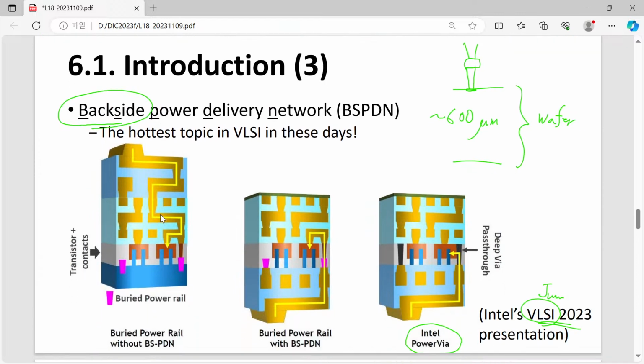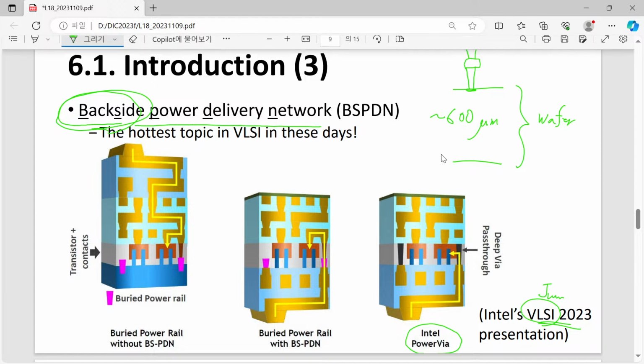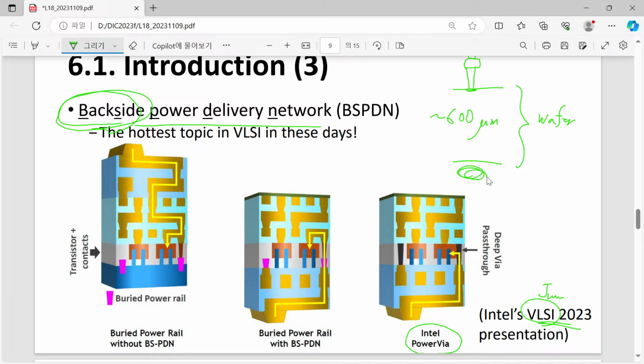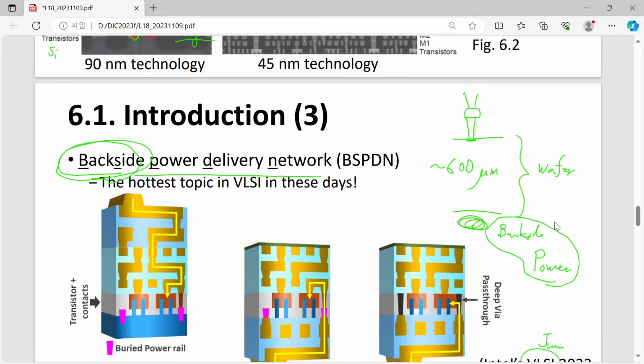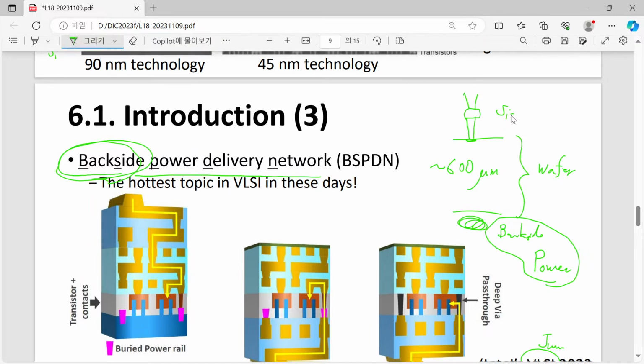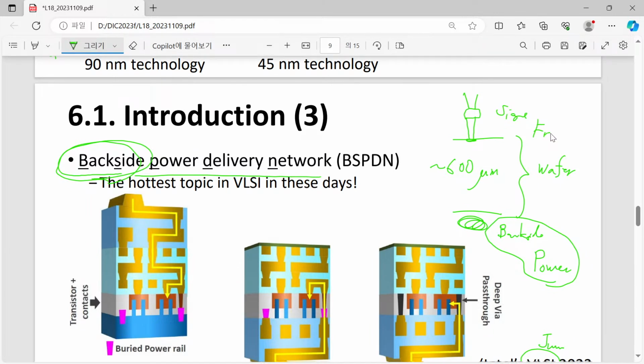So the point of this backside power delivery network is that, okay, we are now just wasting this backside. Then why don't we assign our power delivery capability all to the backside and leave only signal processing to the front side?